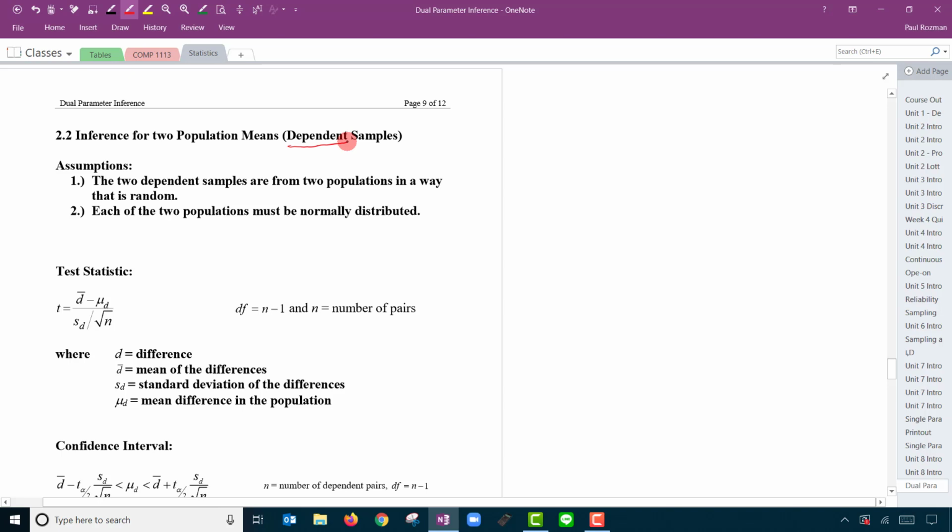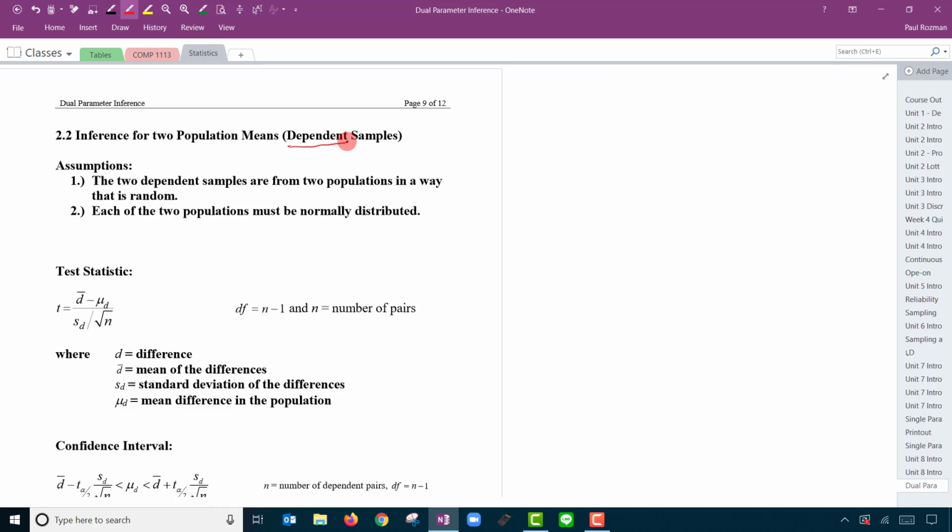Suppose you want to know how a diet affects me. So you weigh me before the diet, and then you put me on some newfangled diet program, and then after a few weeks, you weigh me again. And then we do that for a bunch of test subjects.